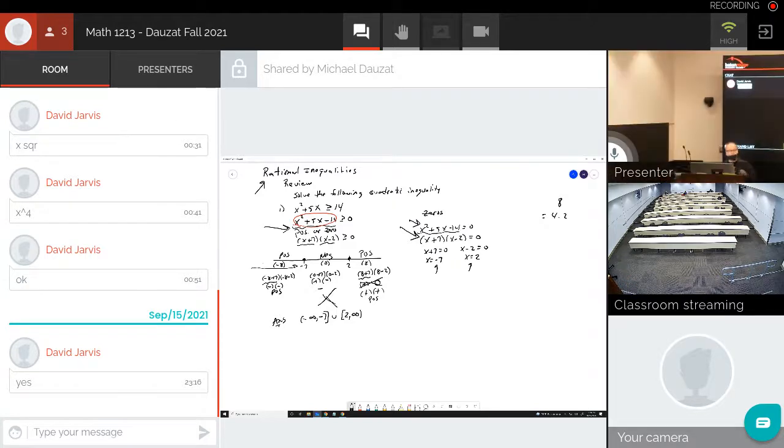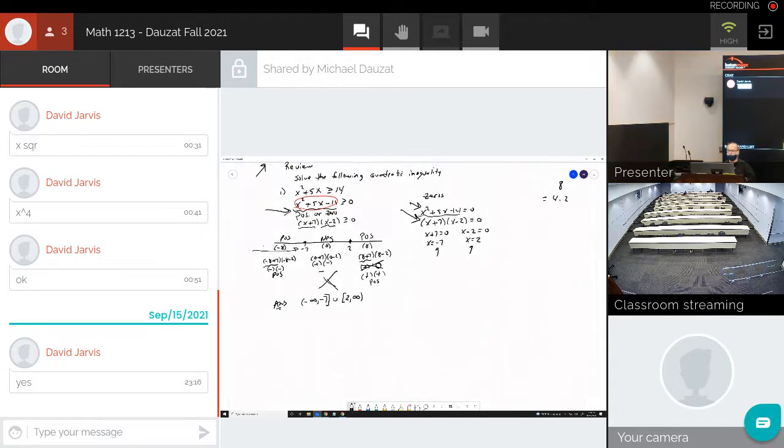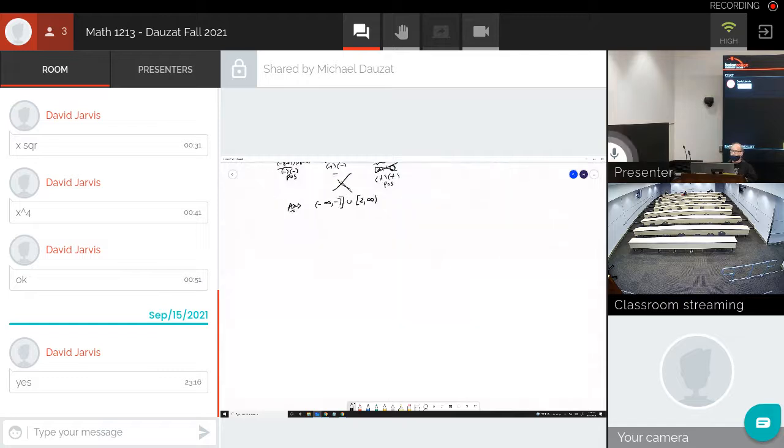So let's look at a rational inequality. All right, rational inequality. And the ones we're going to look at are fairly easy. And when I say easy, I mean easy in this sense. They're going to look like this: x plus 8 divided by x minus 3 is greater than or equal to 0.